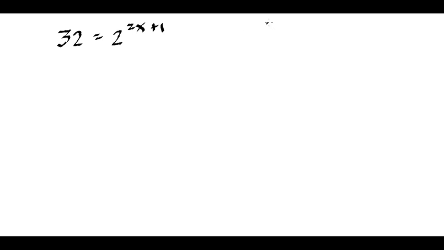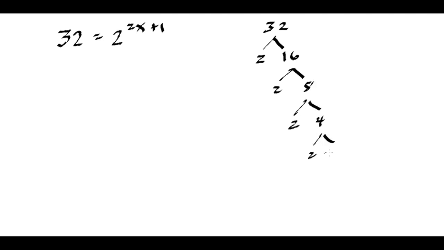Kuha ka ng scratch paper, i-factor mo si 32. So, 32 is 2 and 16. And then 16 is 2 and 8. And then 8 is 2 and 4. And then 4 is 2 and 2. So, therefore, ang 32 ay equivalent sa 2. Then, ilan sila? 1, 2, 3, 4, 5. So, that will be 2 to the 5th power.